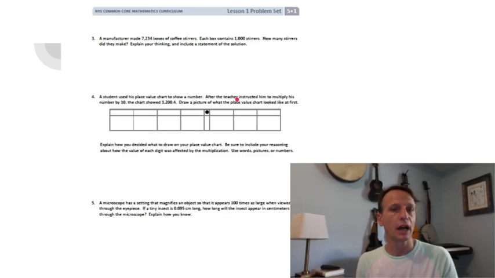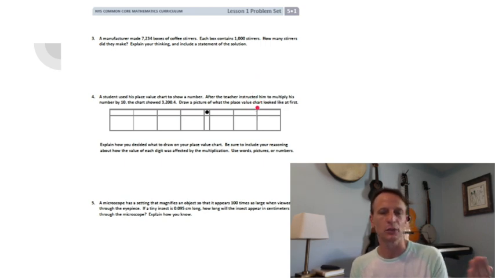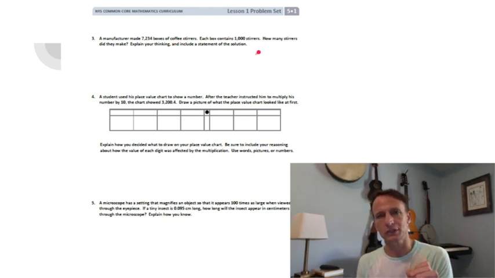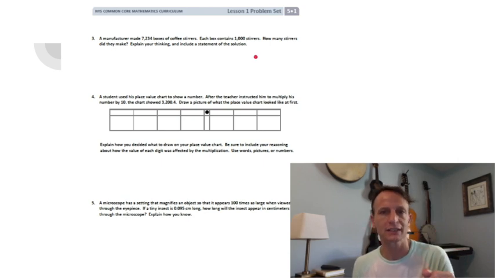And you should. And then you have a couple of word problems, as per usual. You always do, right? Well, almost. And so here you're doing the same thing. All right, so 7,234 boxes of stirrers. If you're unsure on any of these, gee, do I multiply or divide? Here's my hint. Think about it. If I have 7,000 boxes of coffee stirrers with 1,000 in each box, how many stirrers did they make?